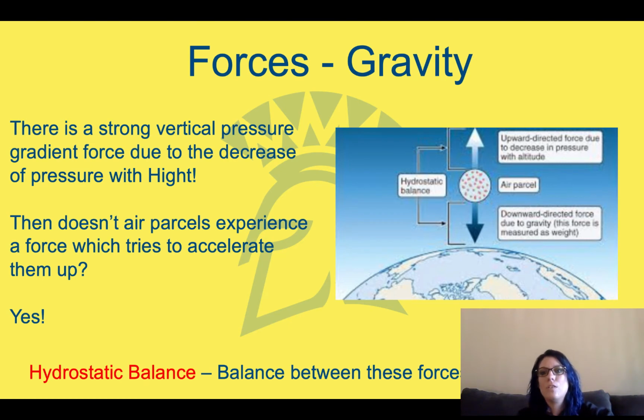And that's where there's no net acceleration. We don't have to worry about that. We can move forward and know that the air parcel is not going to rise due to pressure gradient force. Now, it might rise due to instability. It might rise due to positive buoyancy. It might rise due to topography, but it's not going to rise due to the pressure gradient force in the vertical.